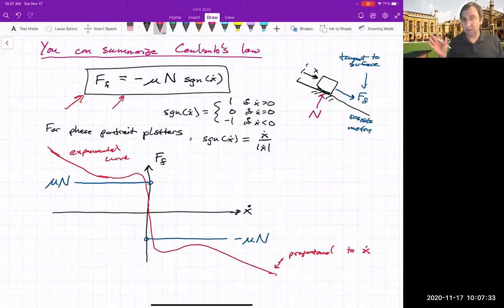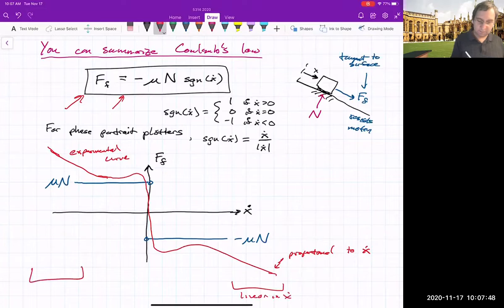Maybe linearly, maybe it's something else. So that's when you go into this regime of viscous drag. So it's kind of linear in x dot over here and linear in x dot over here. But just to get things qualitative, in this middle regime, it's definitely nonlinear.